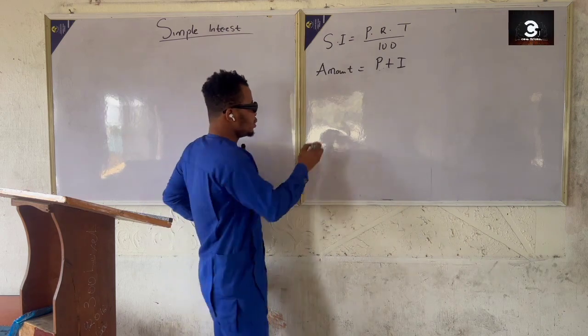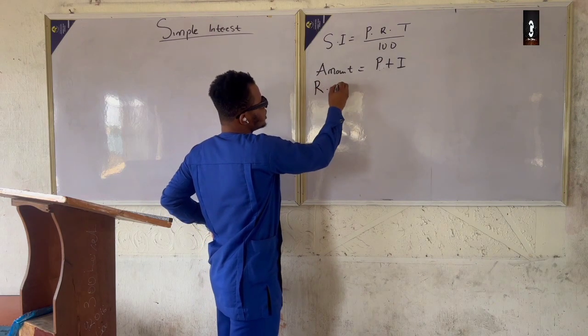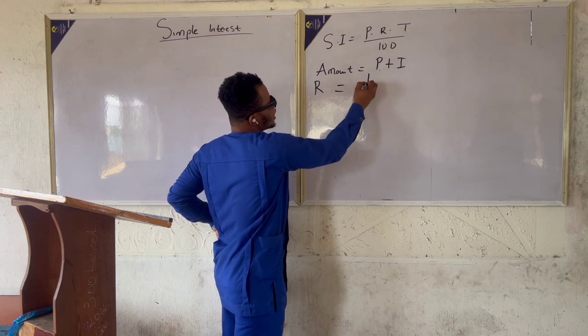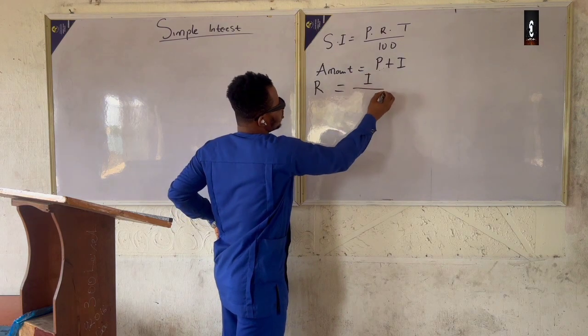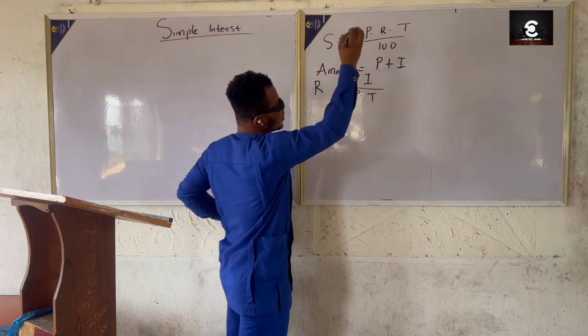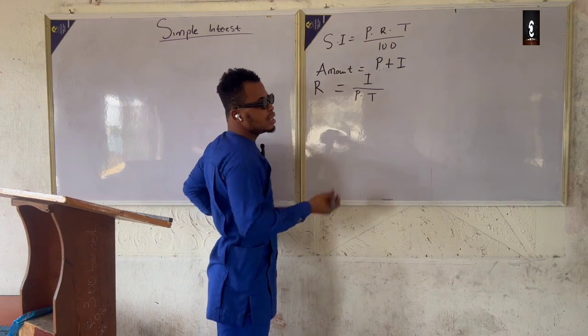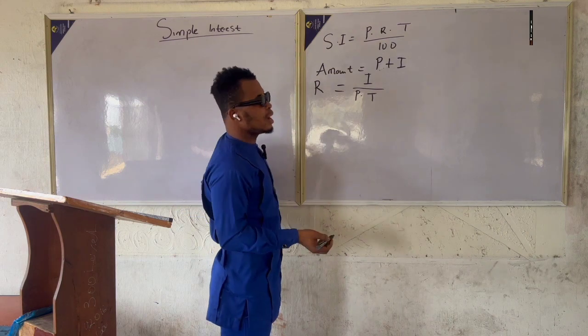If I want to calculate the rate, it is equal to the interest the examiner has given to me over the principal times the time.